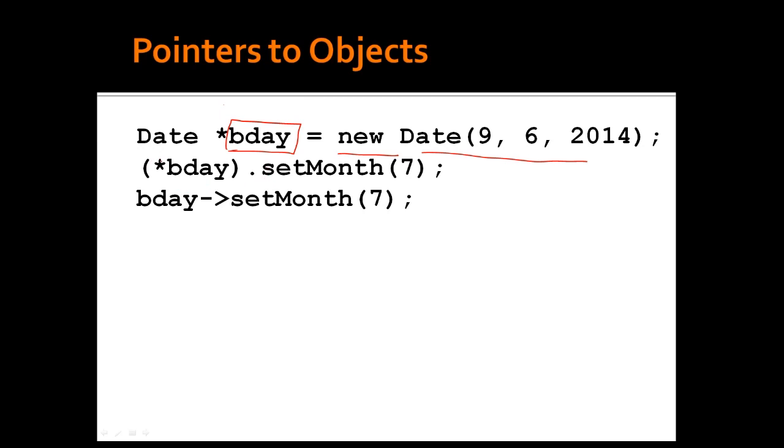One way is to do a dereference on the pointer first and then use the dot, or the way that I actually prefer to use it is just by using the arrow. And so the rule of thumb here is that if bday is a pointer, you use an arrow and then you can call the method, right? If date is not a pointer, then you go ahead and use the dot. And that's pretty much all the syntax that I have for you.